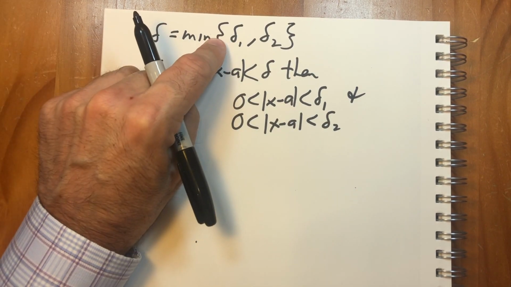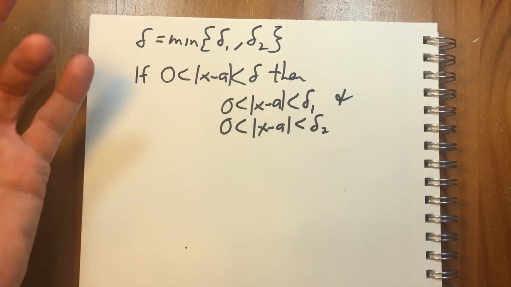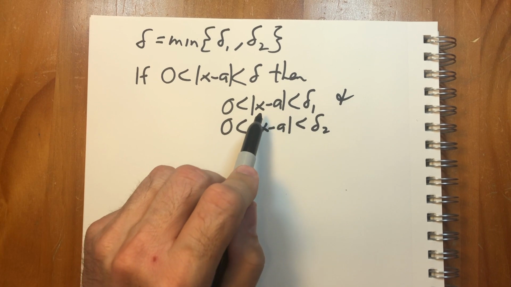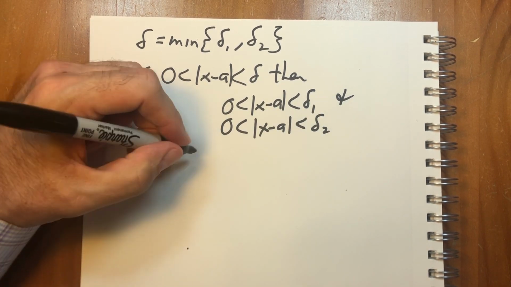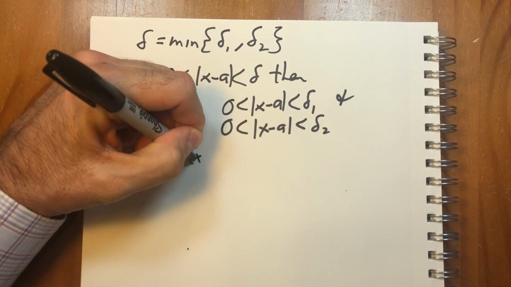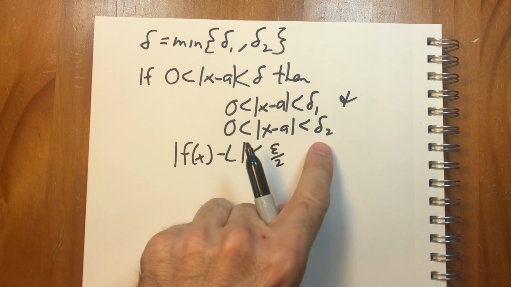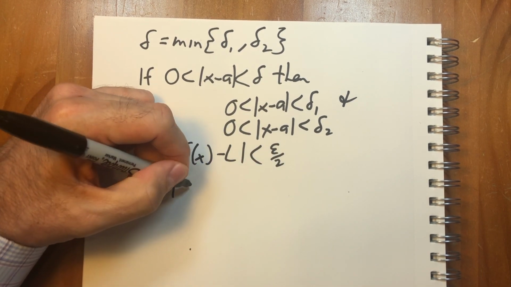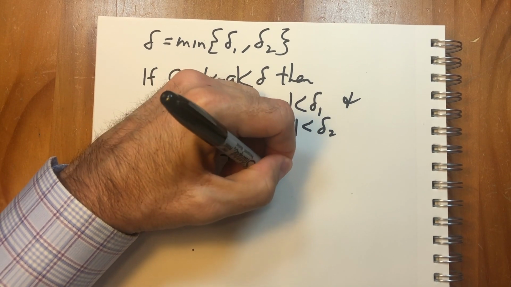This is the same thing that we did last time. And therefore, if x minus a is less than delta, that means that it's less than delta 1 and less than delta 2. But if it's less than delta 1, that means that f of x minus L is less than epsilon over 2. And if it's less than delta 2, that means that g of x minus m is less than epsilon over 2.